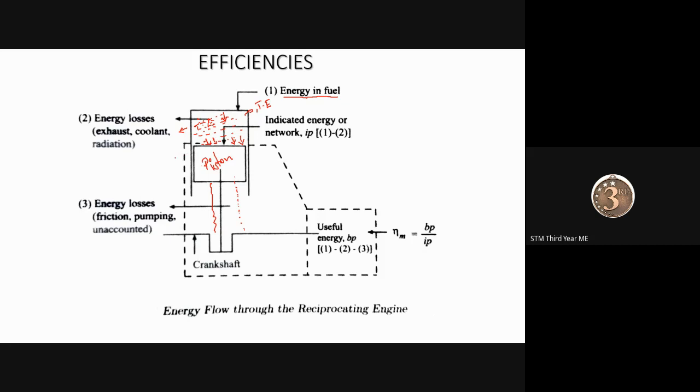That is a very important point because we have to consider those mechanical elements, from the piston to the crankshaft. Here come the moving parts. Once the moving parts are there, obviously there will be friction loss, and pumping and unaccounted losses will be there.